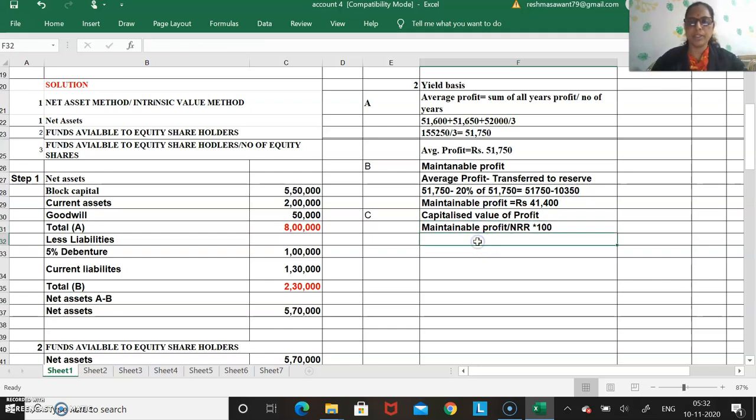So by putting amounts, maintainable profit, that is 41,400 divided by 10 multiplied by 100, the capitalized value of profit will be 4,14,000.